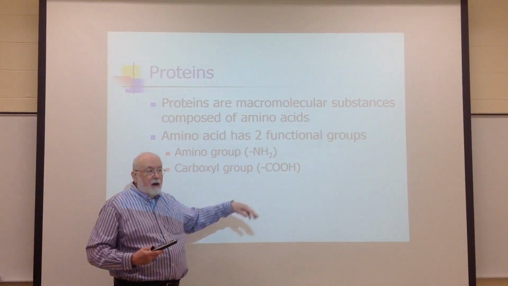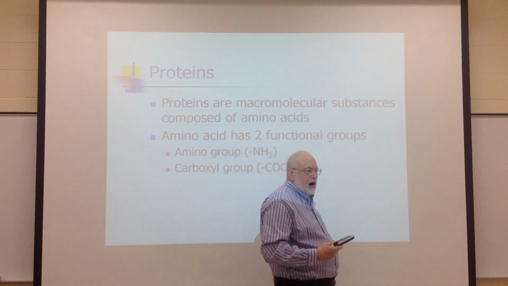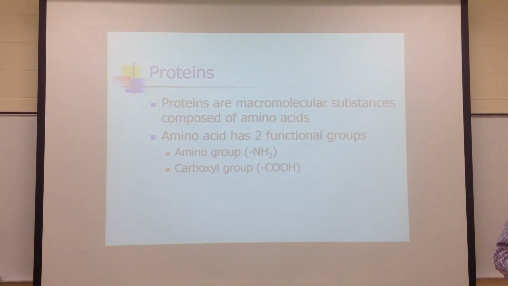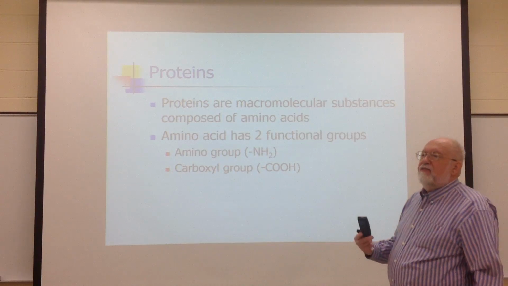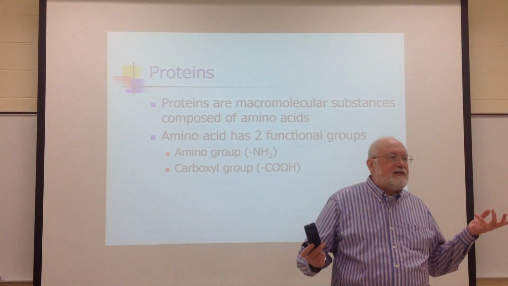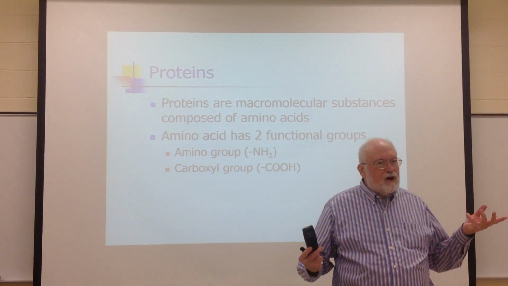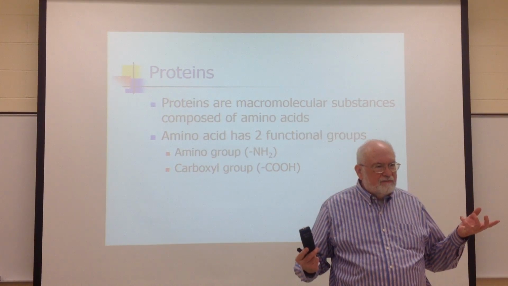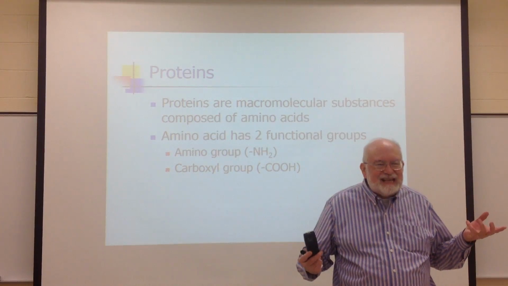They have a carboxyl group on the end. All right? Now, what did we say about carboxyl groups? When you put them in aqueous solution, they can function as what? They're proton donors. What are proton donors called? Acids, right.